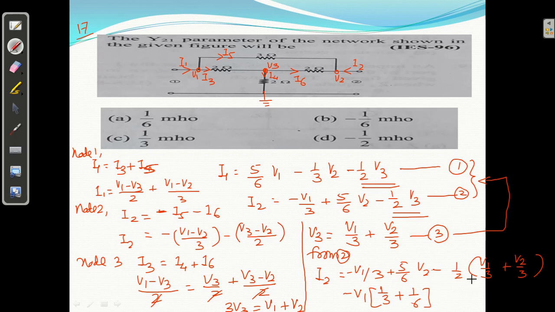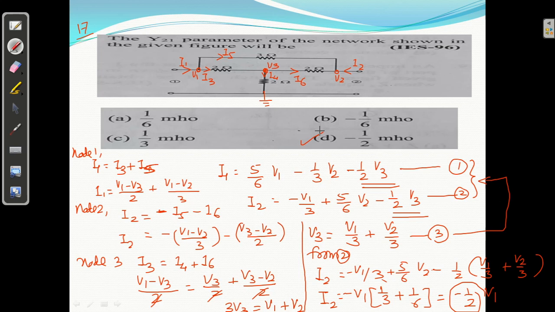We are concerned with the V1 term. Taking V1 common, we get minus 1 by 3, and from here taking V1 common, minus 1 by 6, and the minus becomes plus. So you will get I2 equal to minus 1 by 2 V1. So y21 is this, y21 equal to minus half. The answer D is correct. It is a little lengthy but that is the answer.